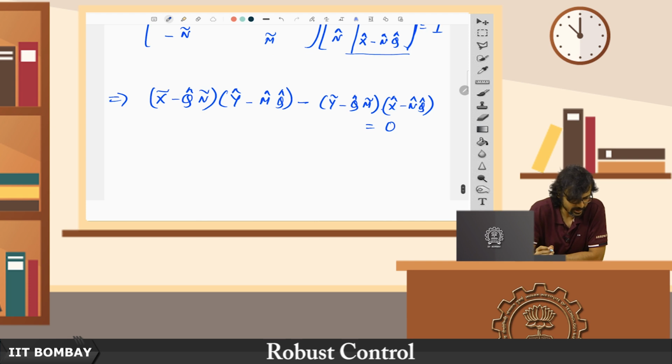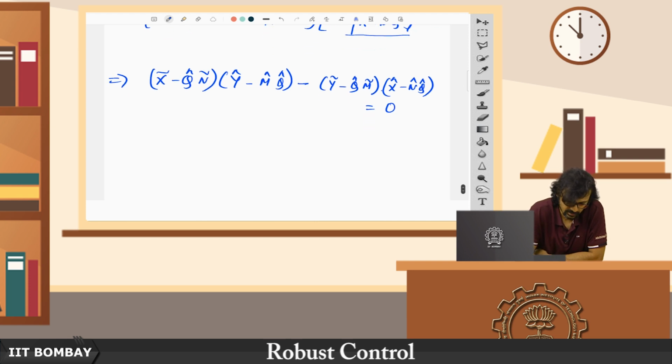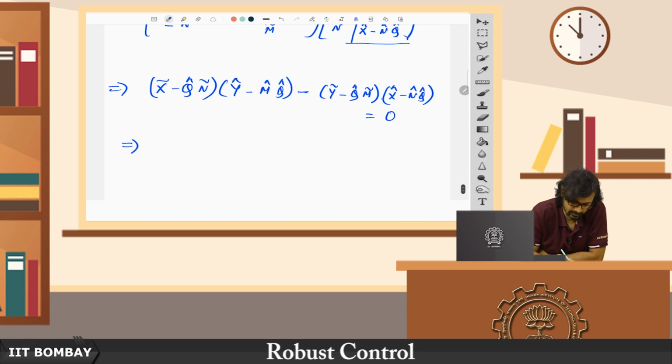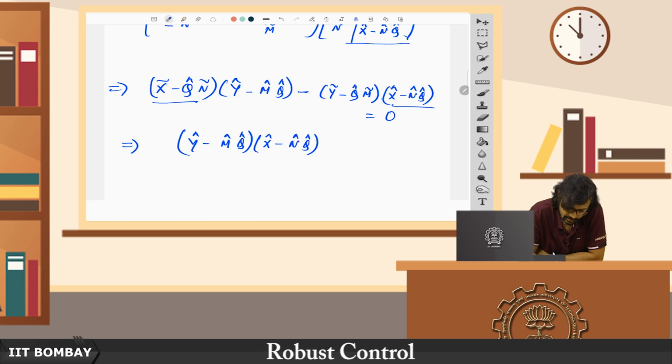Right. So, if this is to be true, what happens? Immediately you see that you can hit it with the inverse of this on both sides from the left and the inverse of this on both sides from the right. So, you get y hat minus m hat q hat times x hat minus n hat q hat inverse.